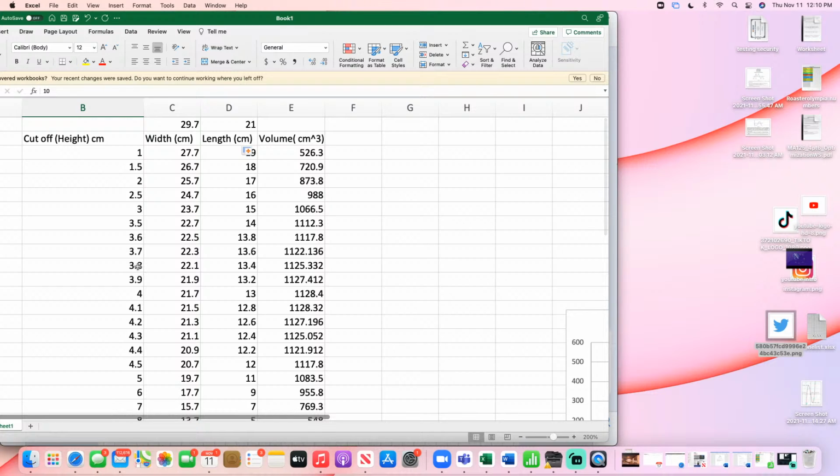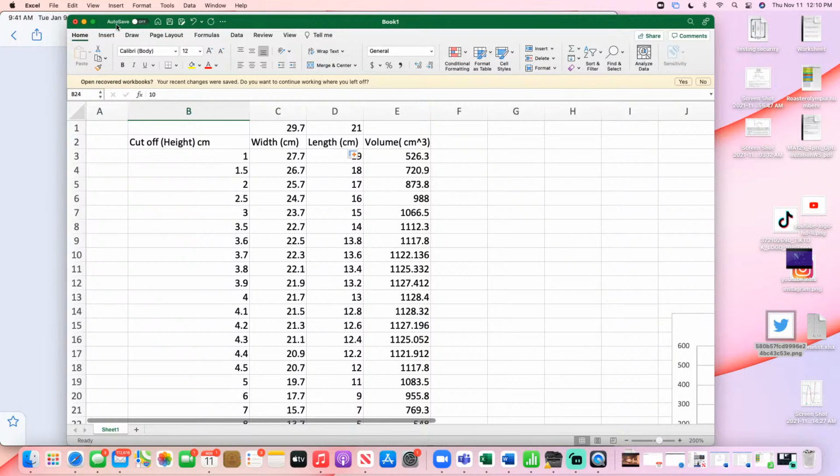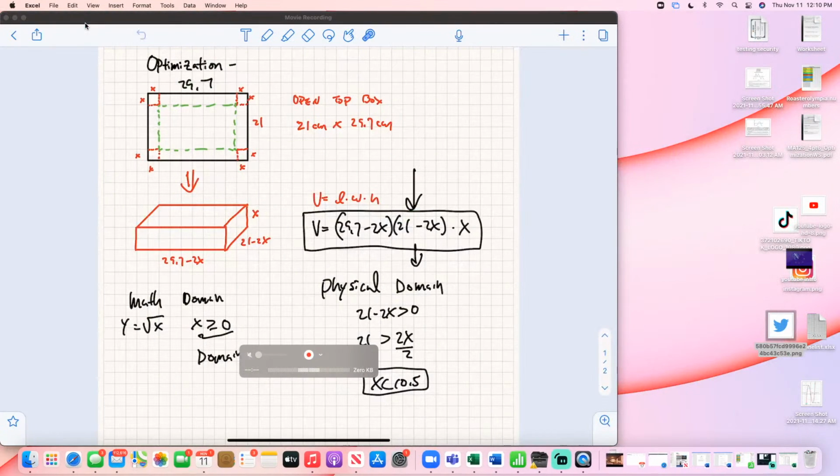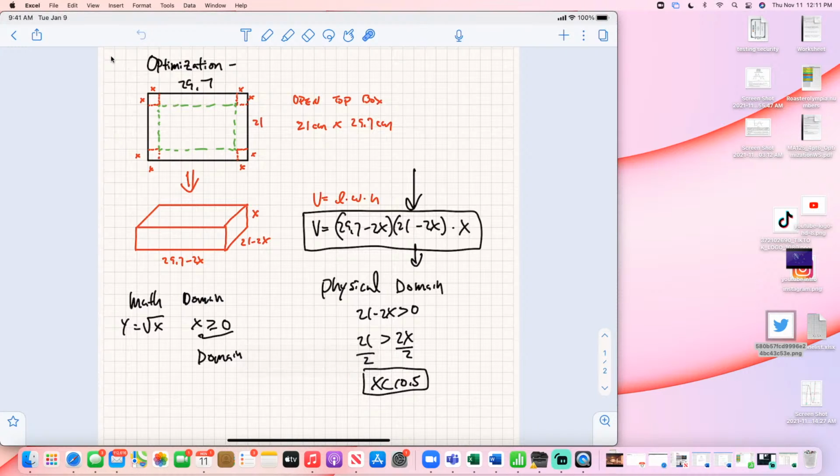Any question this far? Okay, so that's pretty easy. So we got rid of this one. Let's go back. Ani says, how do I do this? And I say, okay, well, let's just plug it into the graphing calculator, 29.7.